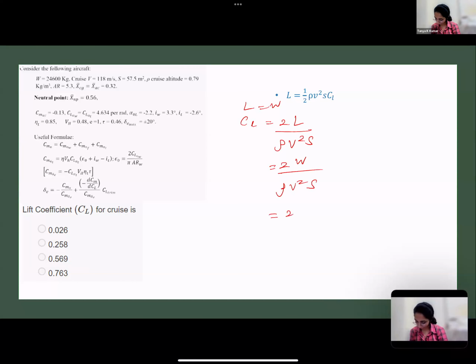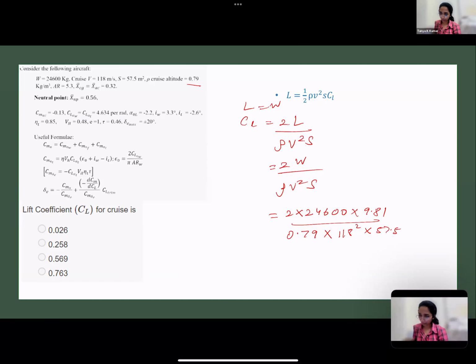That is 2 into 240 into 9.81. Density at the cruise altitude is 0.79. Velocity is 118 square, and you have the area as 57.5.